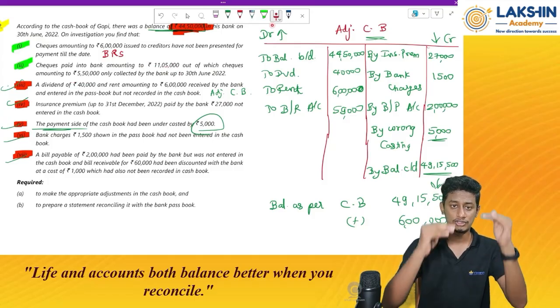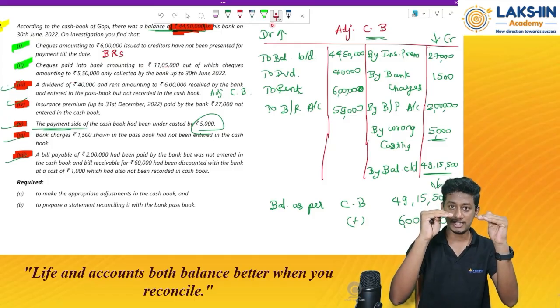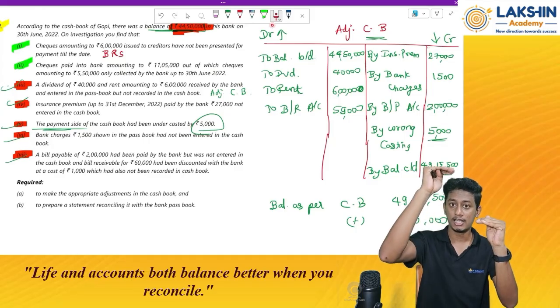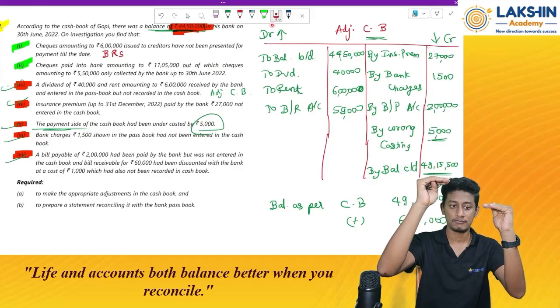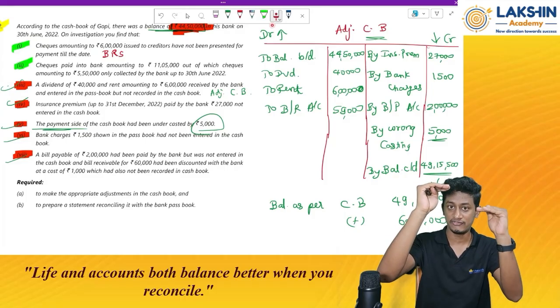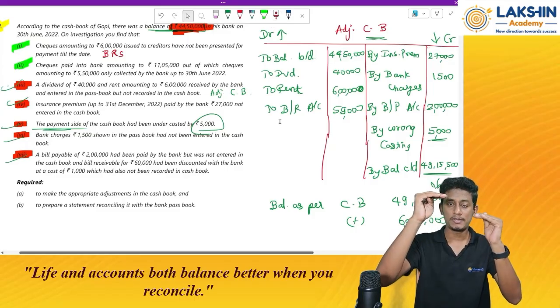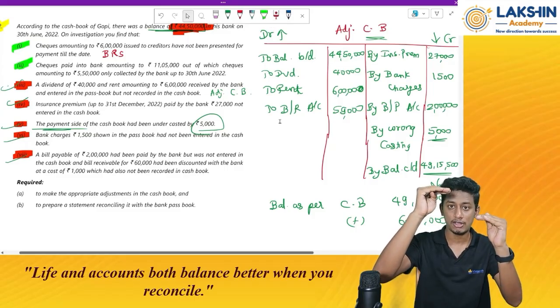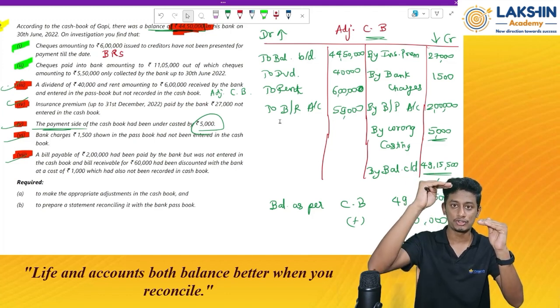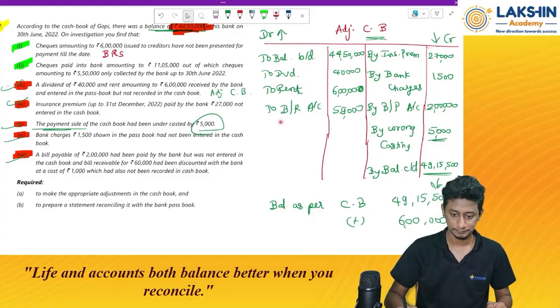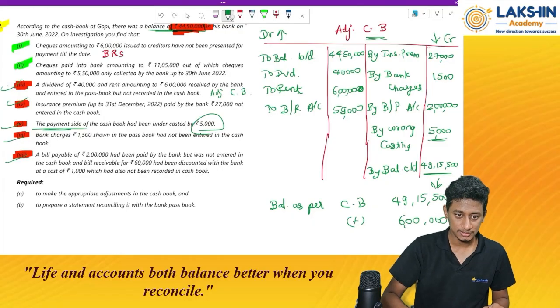So there's a difference: 11 lakh 5,000 minus 5 lakh 50. The differential amount of rupees 5 lakh 55,000 should be added or reduced? I can only move the cash book, so reduce to make it equal.